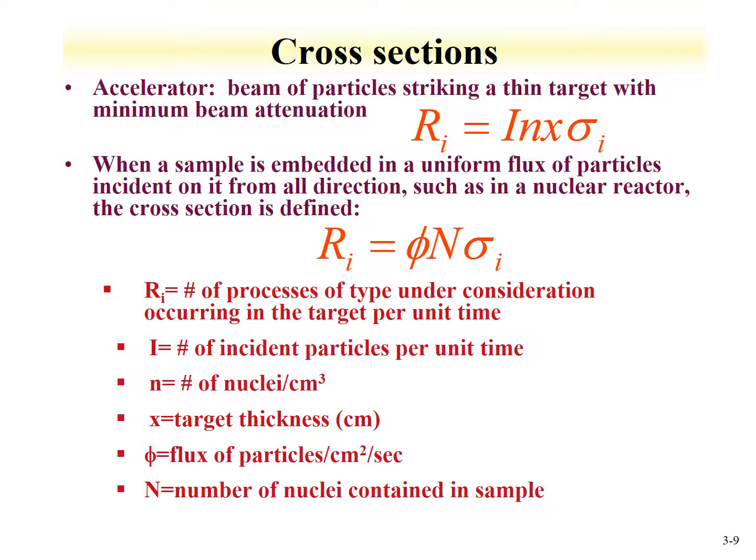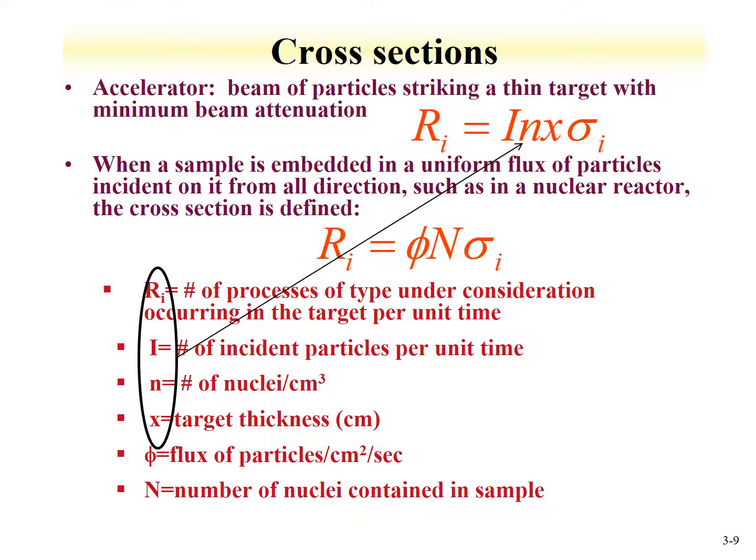Cross-sections can be used to determine the rate of formation of the products from the reactions. There are two equations that are listed here. One is for accelerators and one is for a target in a neutron flux. So for the accelerators, we have the rate is equal to the incident number of particles per unit time, the number of nuclei per centimeter cubed, the target thickness in centimeters, so now this unit becomes centimeters squared, and then the cross-section.